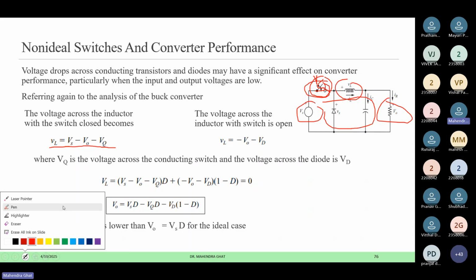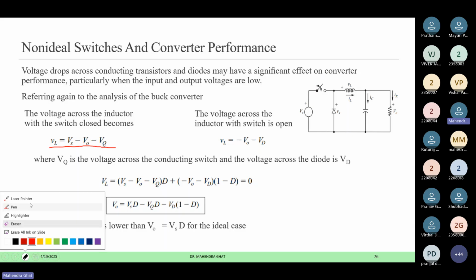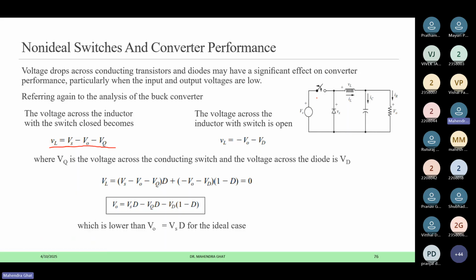Okay. So now the second case is when the switch is open.